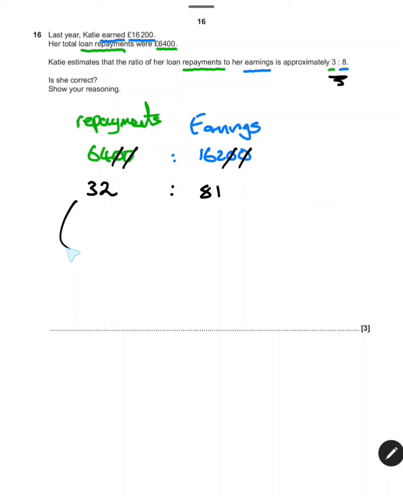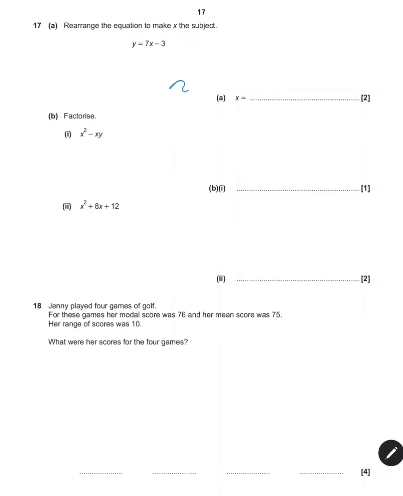If I divide both of these by 10, I get 3.2 to 8.1, which is very close to 3:8. Don't forget to answer the question. It says, is she correct? We must say yes.